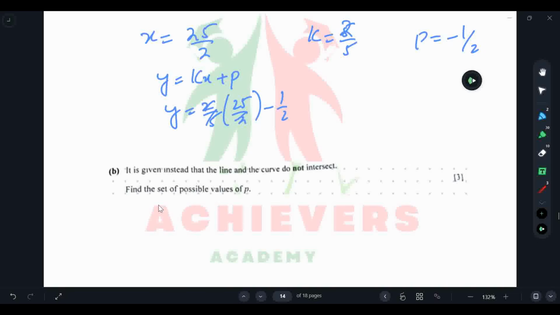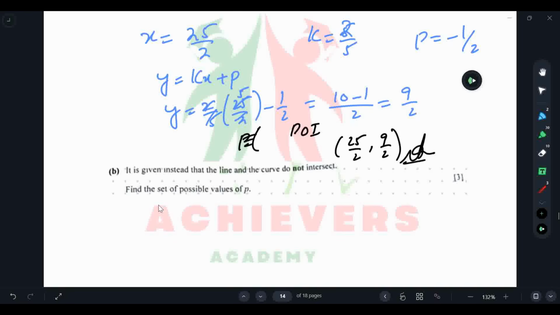We can cancel out these two. 5 minus 1 by 2, so this will be equal to 10 minus 1 whole divided by 2, which will be 9 by 2. So finally the point of intersection will be 25 by 2 and 9 by 2. This will be the final answer.